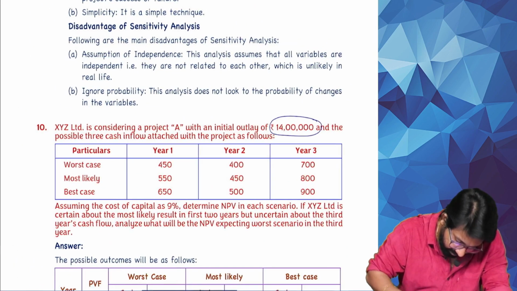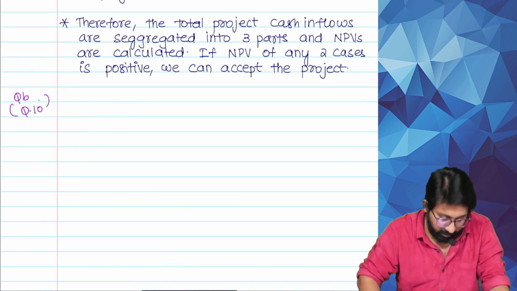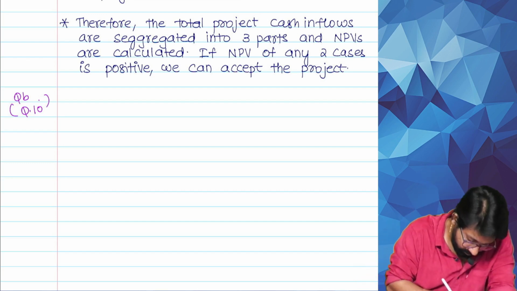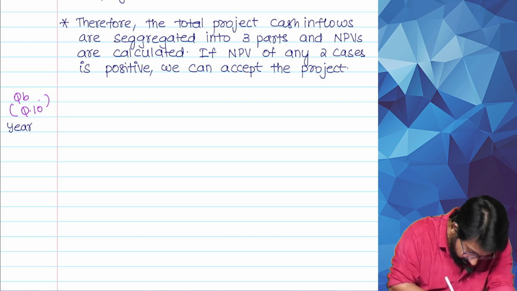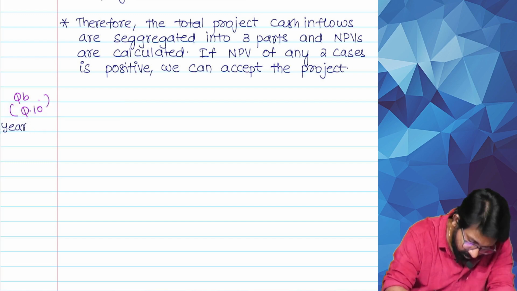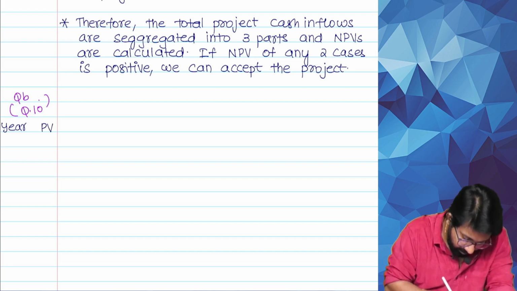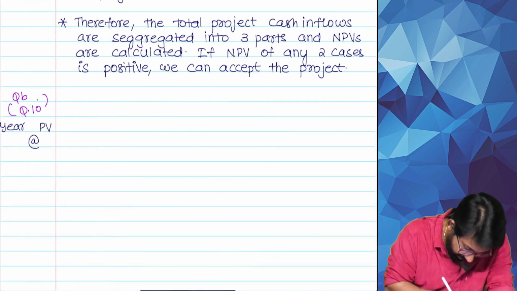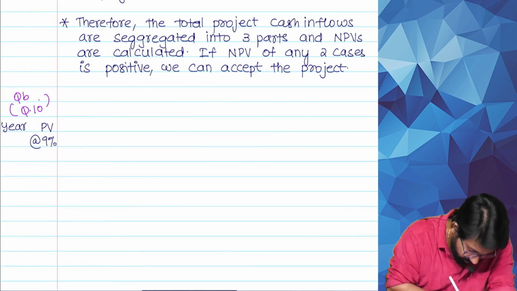Question bank, question number 10. Let us start. Write down: Year, PV. PV at the rate of how much percent they have given? 9. First write down this. No noise please.